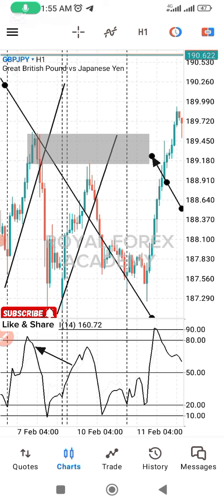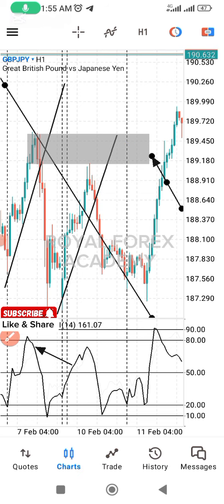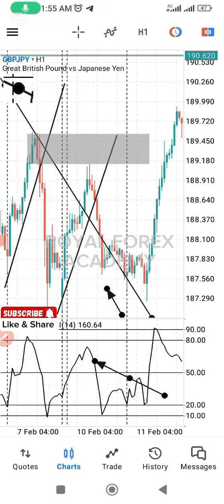So if this is going to buy, it may tend to retest this trend line and then continue to the upside. But it break it safely, and then price crosses the 50 level for RSI, and you see that move to the downside.